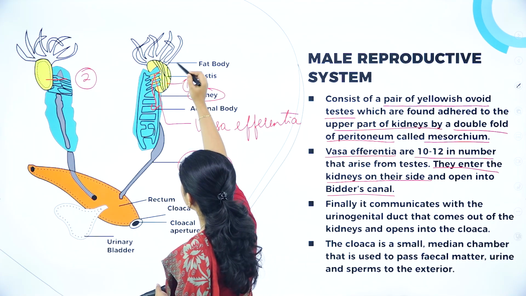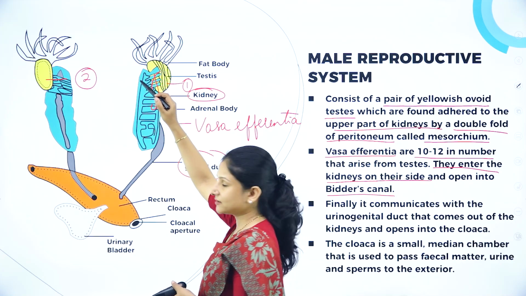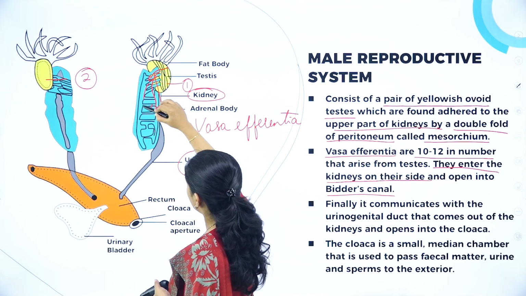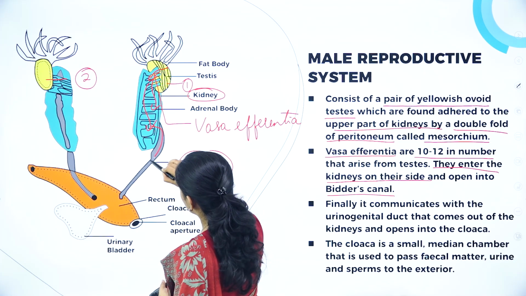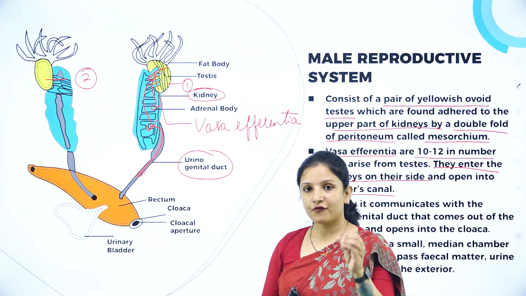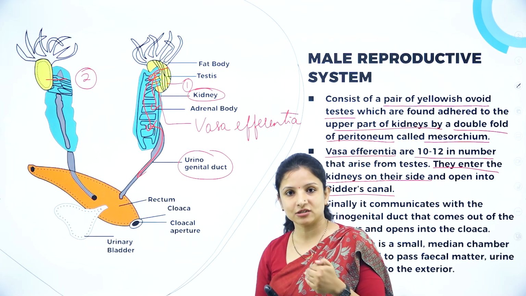So how does the sperm travel here? The sperms are produced in the testis. From the testis, it moves to the vasa efferentia, from the vasa efferentia to the Bidder's canal, from the Bidder's canal to the ureter. Why to the ureter? It is because we know that frogs do not have a separate duct or tube-like structure to carry the sperms.